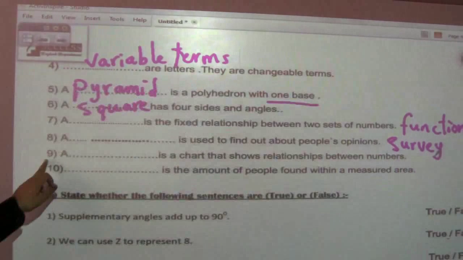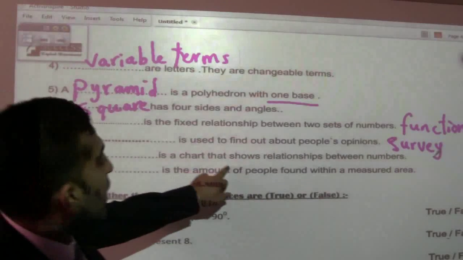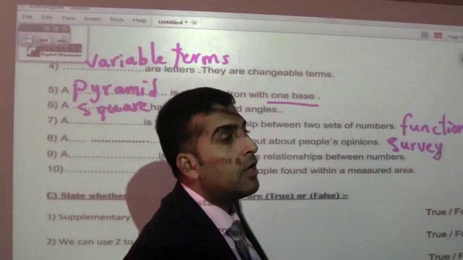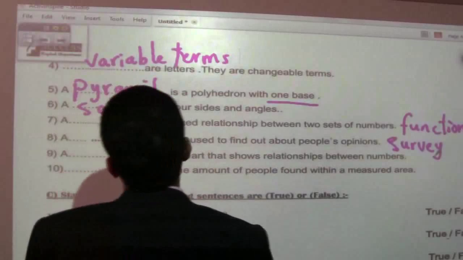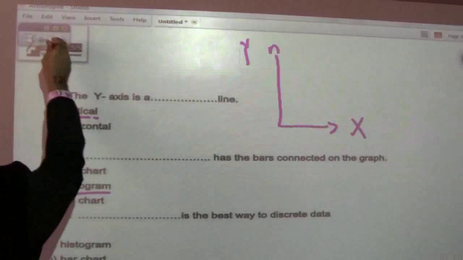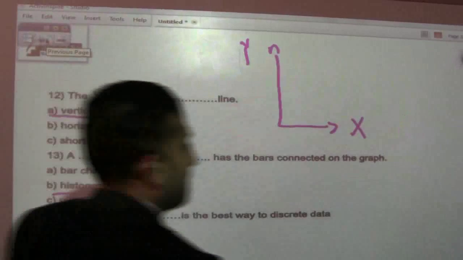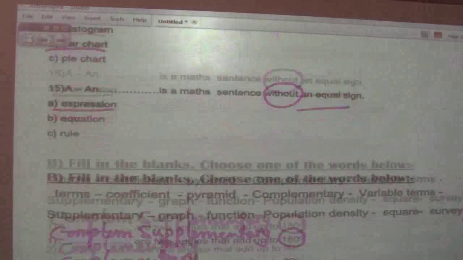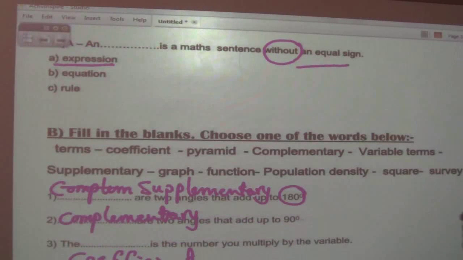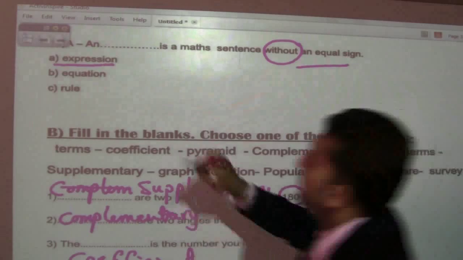Okay? Number 9 is a chart that shows a relationship between numbers. Yes, we will go now to the words to choose one of them. It's a graph.